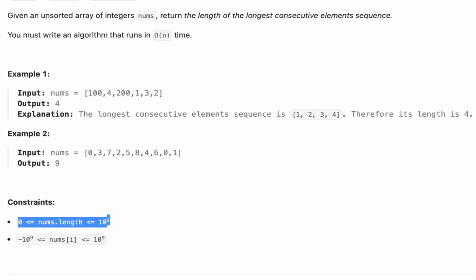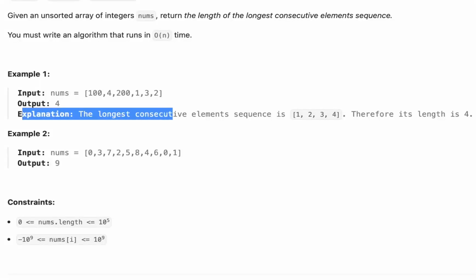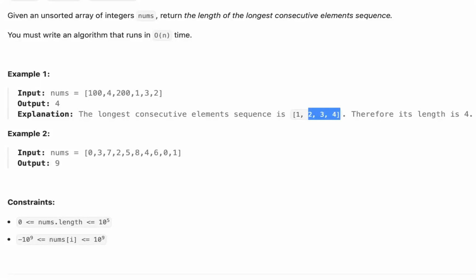So what do we mean by length of consecutive elements? Let me look into the output. We have 4. The explanation is that 1, 2, 3, and 4 is the longest consecutive element sequence.